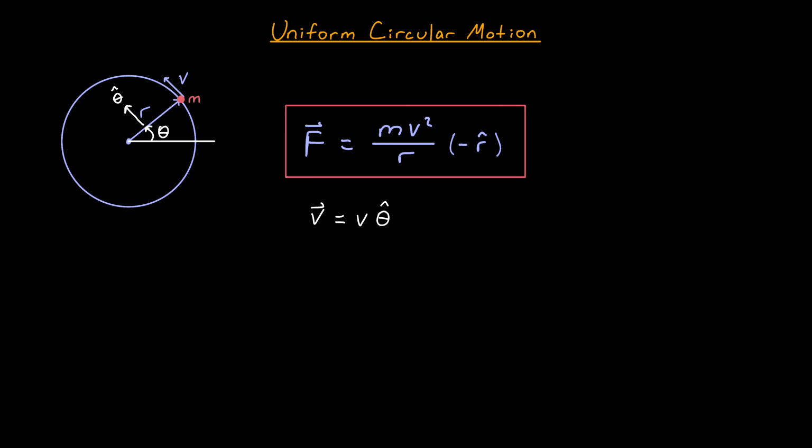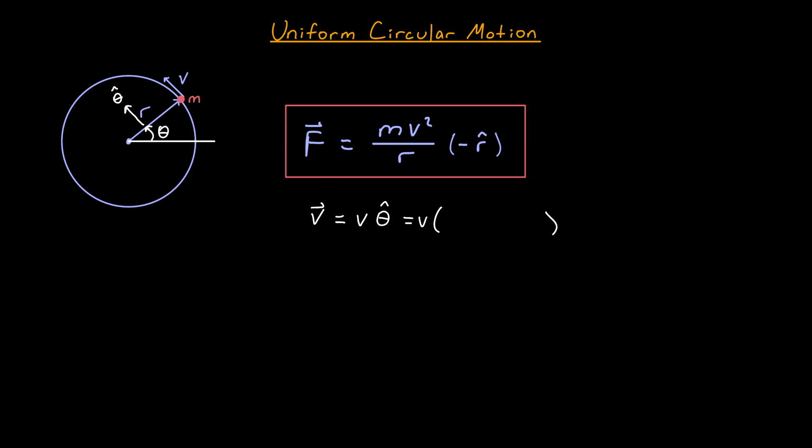As our object keeps moving around the circle, the direction theta hat keeps changing with it. So this is a nice little shorthand to summarize the fact that our object is always moving with a velocity vector tangent to the circle. But we can be a little bit more explicit about this. We can rewrite theta hat as a vector with xy coordinates.